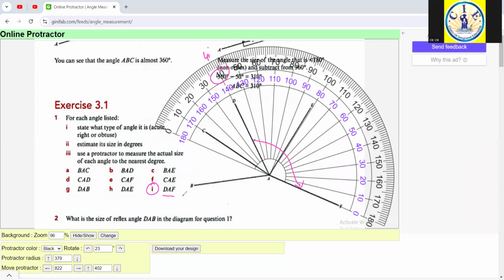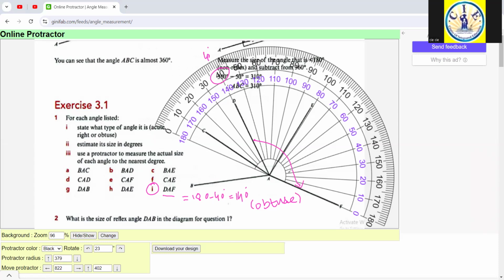So that is going to be 180 minus 40, that is 140. So that is an obtuse angle, being greater than 90 and lesser than 180 degrees. So that was question number 1.